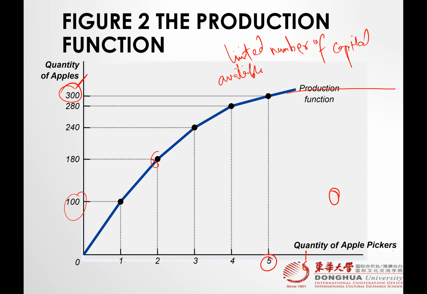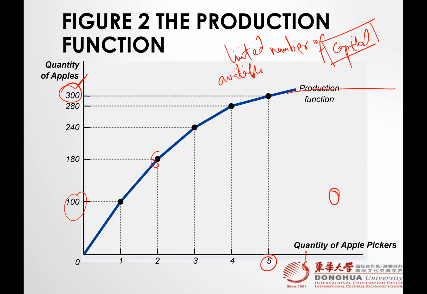And what do we mean by capital? It doesn't mean finances or money. No. In economics, capital means all the tools and machinery to pick the apples, the machinery and tools that are used in production, trucks, this kind.